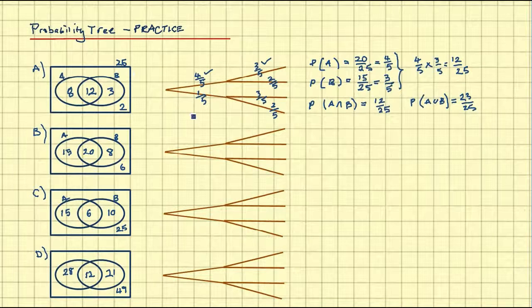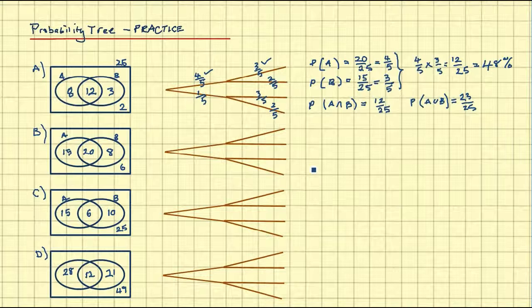That makes sense because my diagram also says that there's a 2 out of 25 chance that neither A nor B will happen. And just to finish this one, 12 out of 25, if I check on my calculator, convert it to a percent, would be 48%. And that's problem A complete.